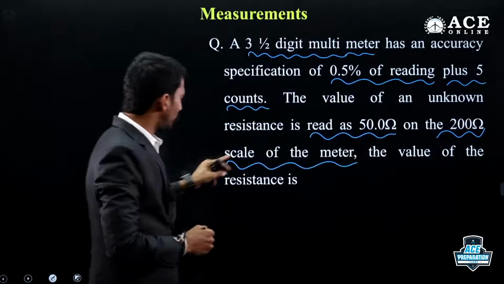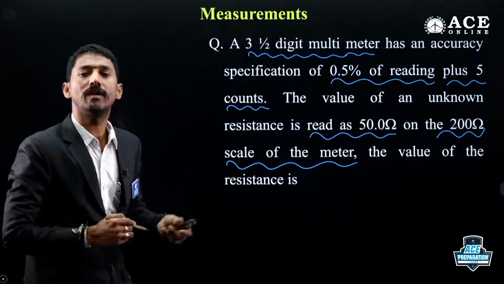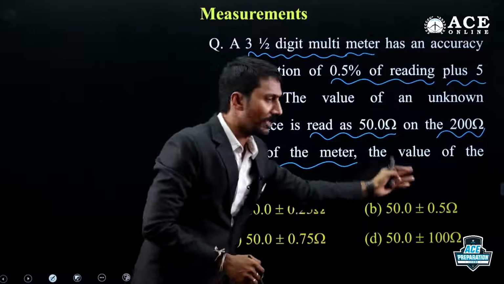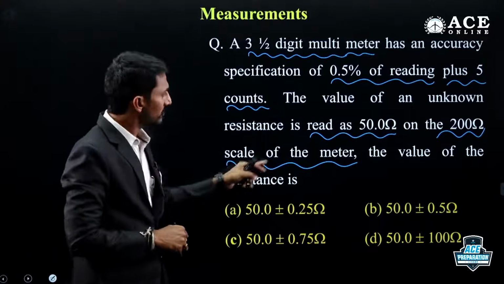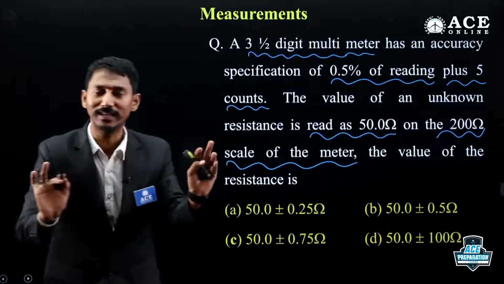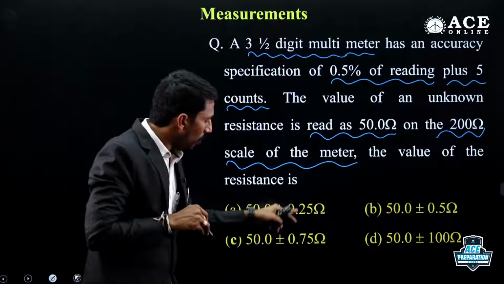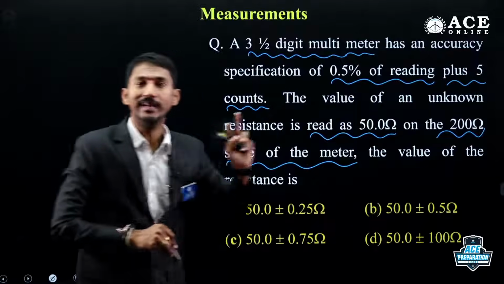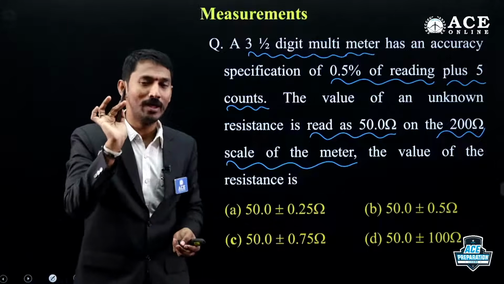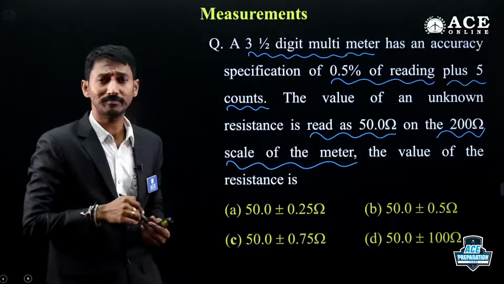What is the resistance he is asking? Some value corresponding error. So indirectly, the resistance value 50, okay, true value. In all the options that is maintained. What we need to find out is the corresponding error. That we are going to see. But here also I am giving the point before starting.